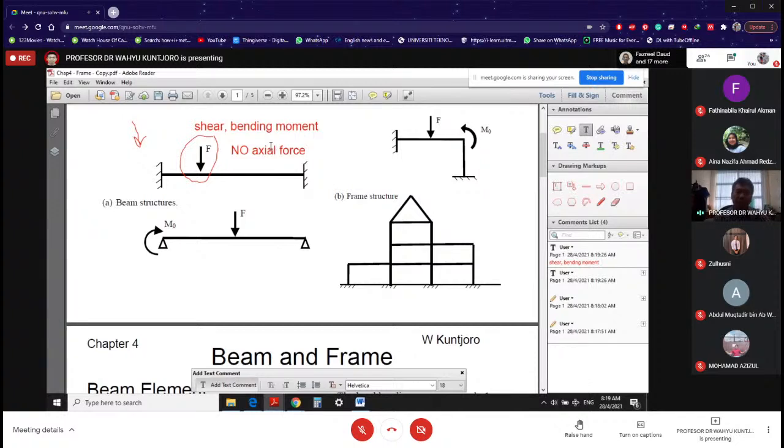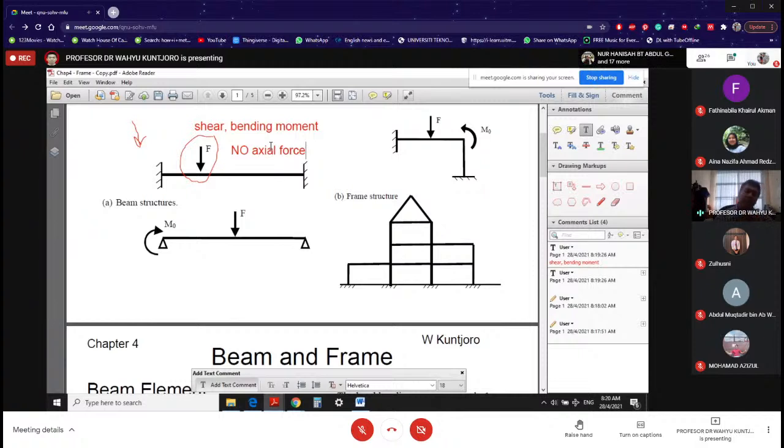That means you are going to have shear force, flexural stress and shear stress. Flexural stress, sometimes we call it bending stress, but you don't have axial force. While in bar, you have axial force, but you do not have shear and bending moment. So that's the difference between beam and bar. In case I ask you during the test what is the difference between beam and bar, what's the similarity between beam and bar, you know the answer. So that is beam.